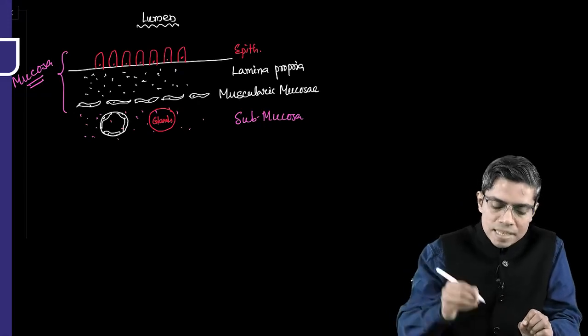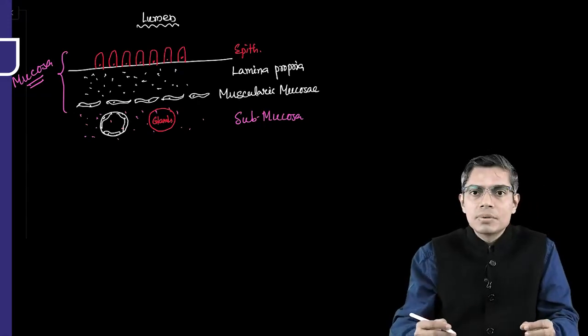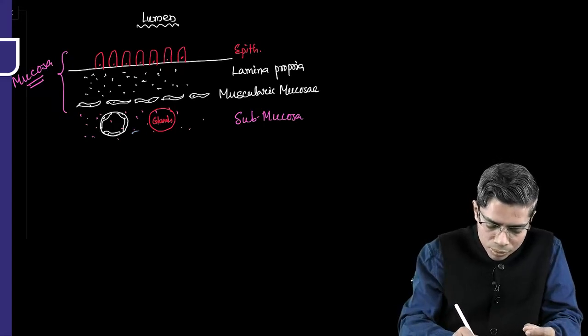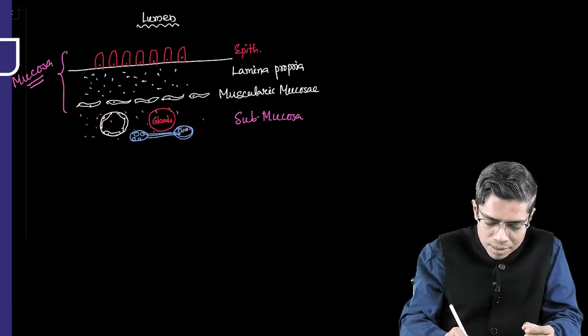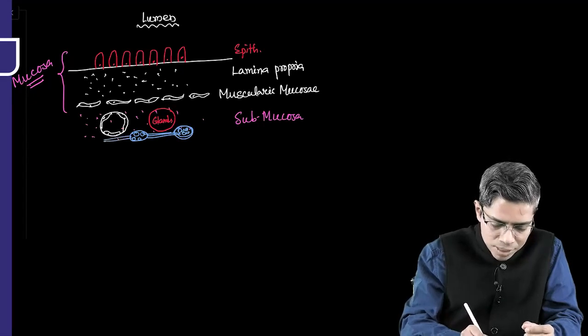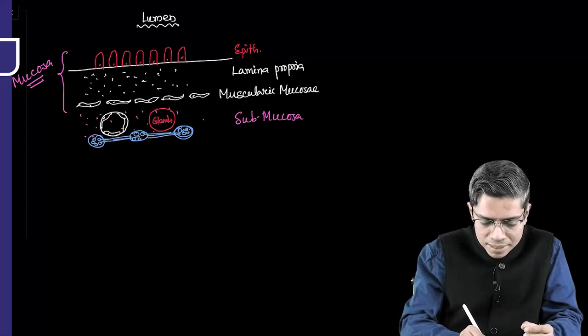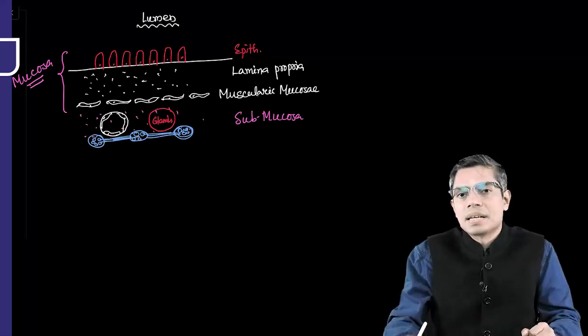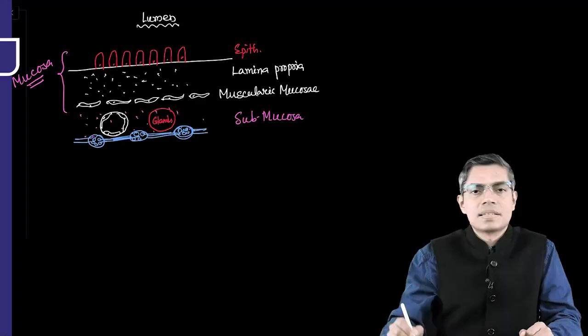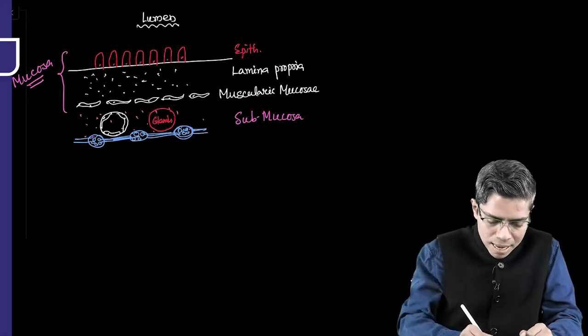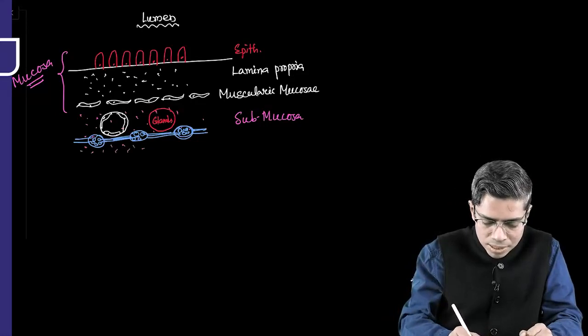In that plexus you are going to find multiple ganglia, and in between ganglia there are multiple neuronal connections. What I am drawing here is the multiple ganglia, and in between ganglia there is interconnection. So this is known as the neuronal plexus, located at the level of the submucosal layer.